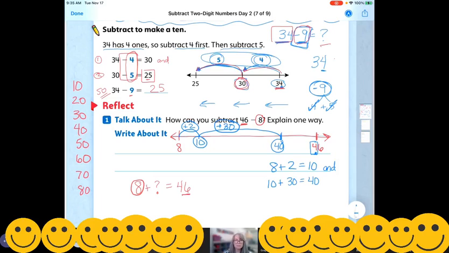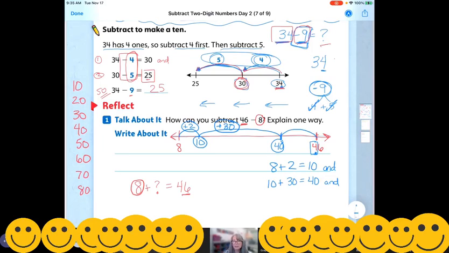Okay, so that was step number 2. And then we have one more jump from 40 to 46. So 40 to 46. 40 plus what gets me 46?